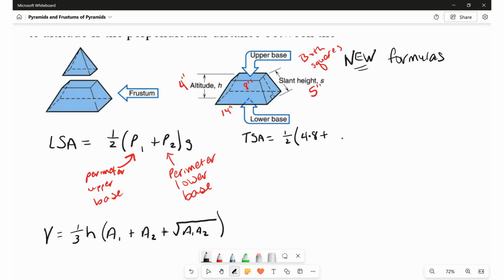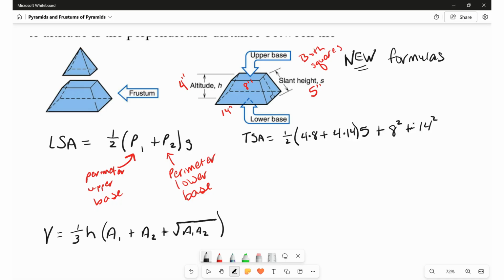The perimeter of the lower base, 4 times 14. And the slant height is 5. So that's lateral surface area, plus 8 squared plus 14 squared. Because remember, the area of a square is just side times side.